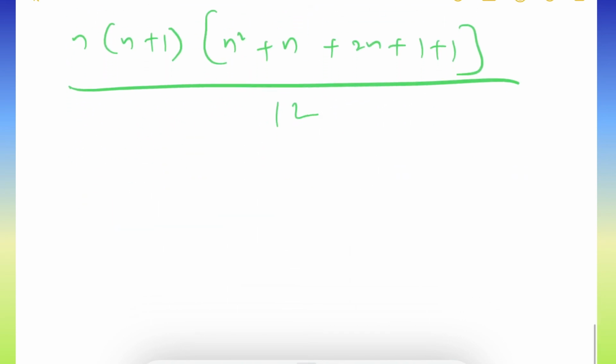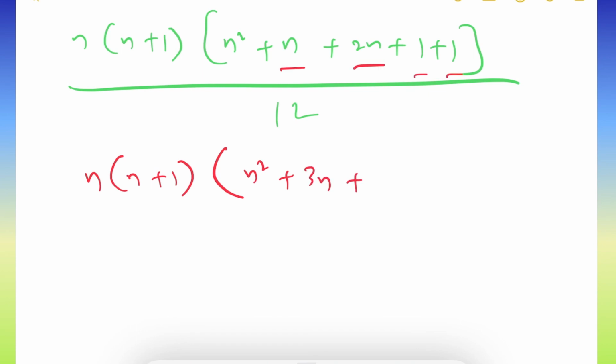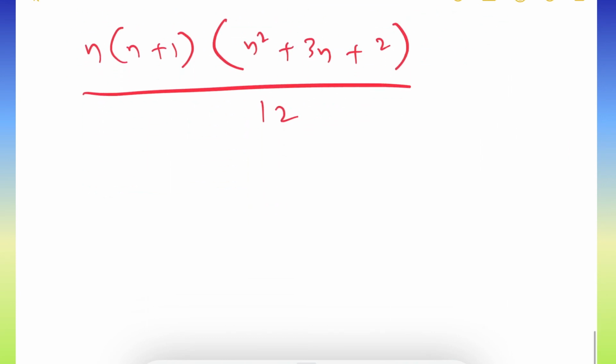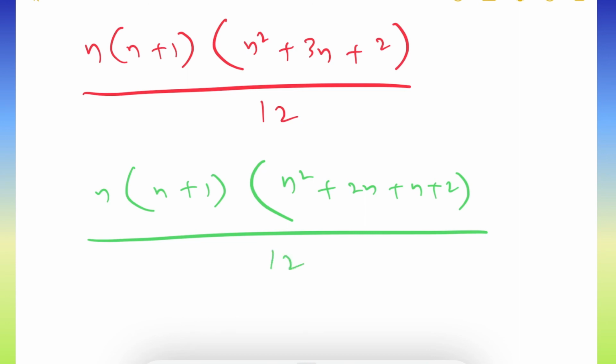Let us simplify this further. n into n plus 1 into n square plus n plus 2n, it is 3n, plus 1 plus 1 is 2, whole divided by 12. Now first n as it is, n plus 1 also as it is, into this n square plus 3n plus 2, I will simplify by splitting the middle term into two terms. n square plus 3n can be written as n square plus 2n plus n plus 2, whole divided by 12.